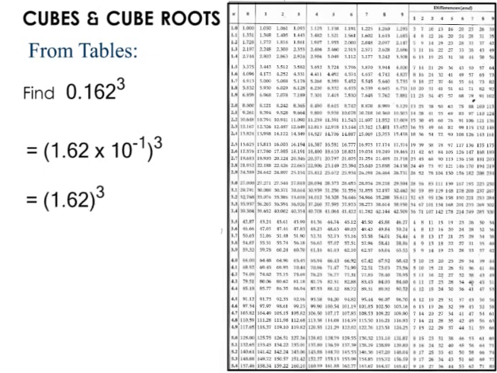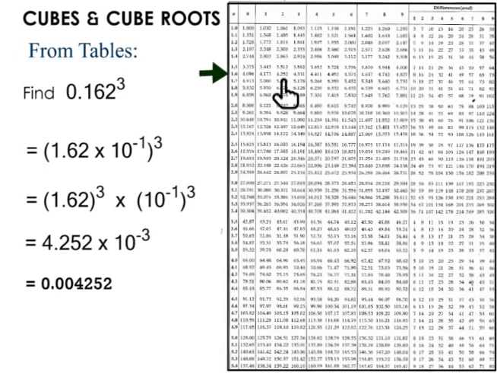The cube of 1.62, this is 1.6. The column of 2 coincides with this row here, and the number is 4.252. We do not have a third decimal place, and so we stop here. Cube of 10 raised to power negative 1 is 10 raised to power negative 3. And so our answer is 4.252 times 10 raised to power negative 3. You can leave it in this standard form or convert it to 0.004252.